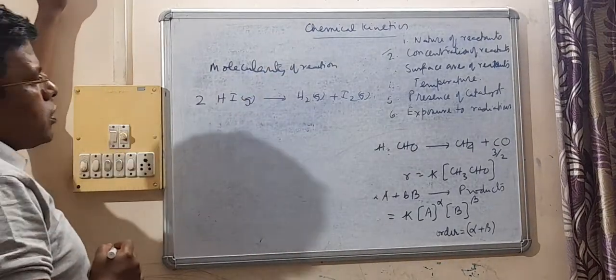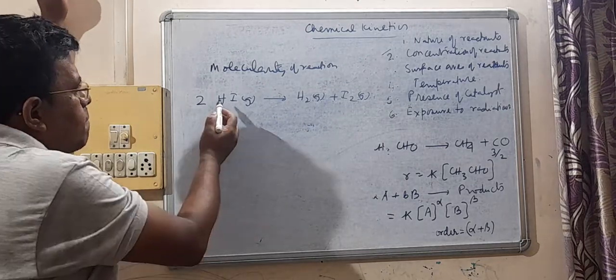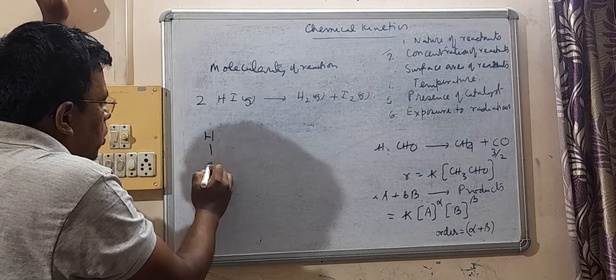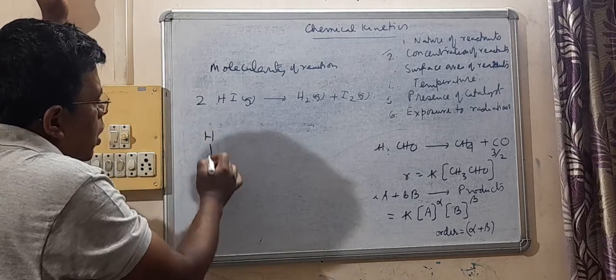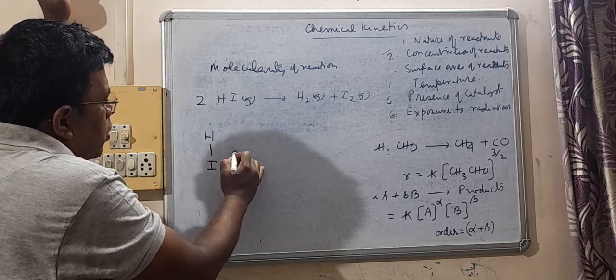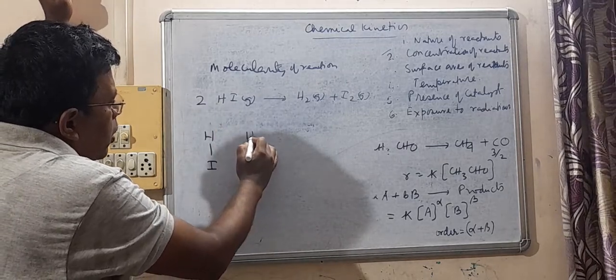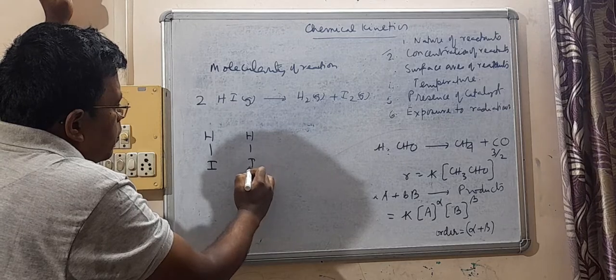Now you know how this reaction is actually taking place. This is HI, so the H bond I is there. This is one molecule of HI, and I am writing another molecule of HI.